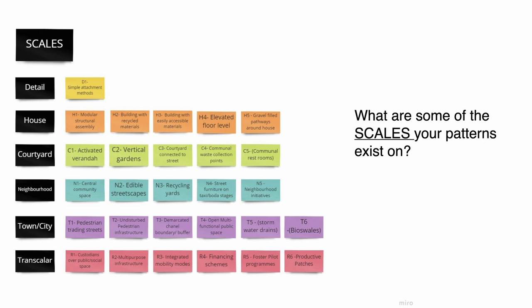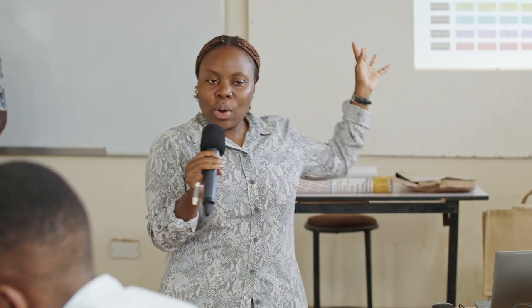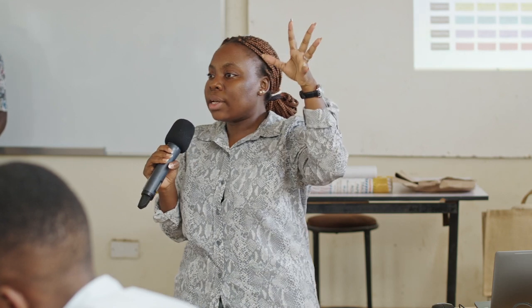Do you know what that means? It cuts across, or it can't be put on a scale. For example, there's a group that had social sustainability. At what scale? You see? So some patterns, you can't really place them, so they would be in that category. Those are the ones we have, but you can add or remove.